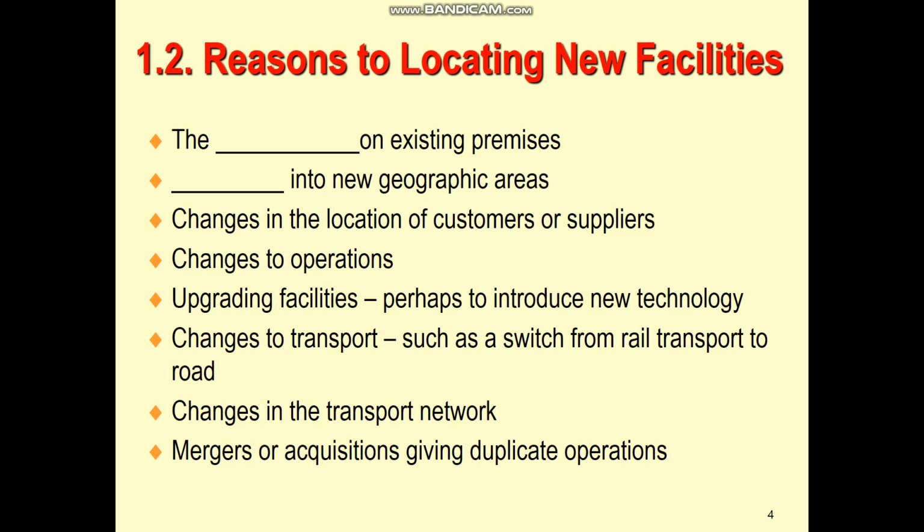After 1 year, the landlord doesn't want you to stay in her room anymore, so you have to find a new room. That is when you try to find and locate your new room. So the first reason we locate new facilities is the end of the lease of an existing premise.